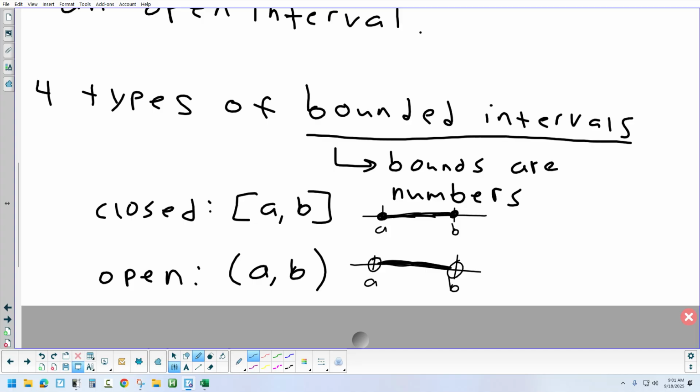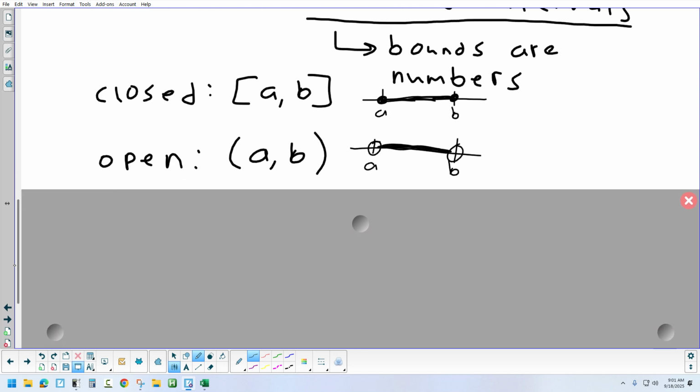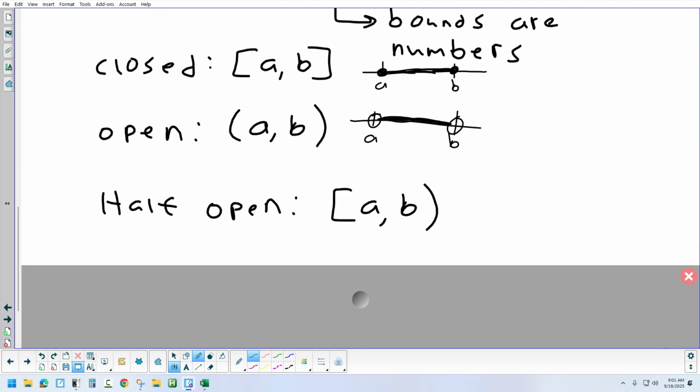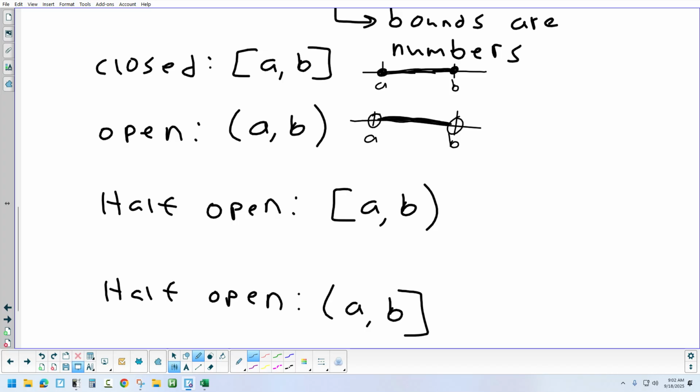So one of them, one side is closed and the other is open? Yeah, so a half open or half closed. We could have a half open interval, which means you're allowed to include one of the endpoints, but not the other. And another half open interval, which is the same idea.